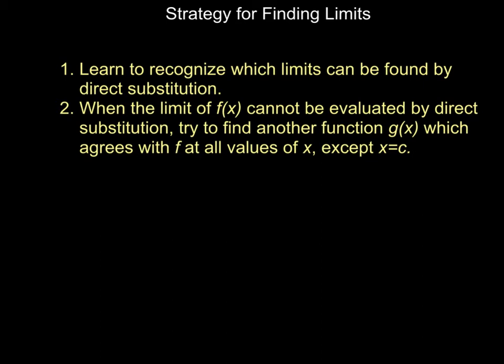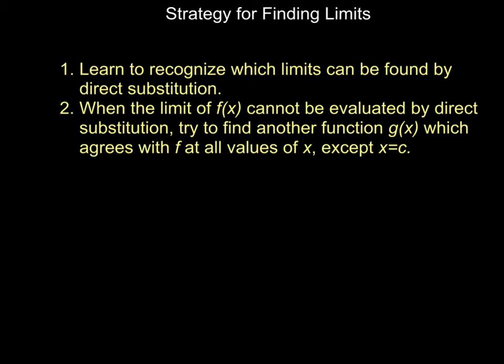When the limit of f of x cannot be evaluated by direct substitution, where you might have things dealing with fractions, or when you do the direct substitution you get an indeterminate form, you get 0 over 0, those would be things where we have to go through and try to find another function, g of x, which agrees with f at all values of x except at x equals c. Basically what that means is we are going to do algebra.